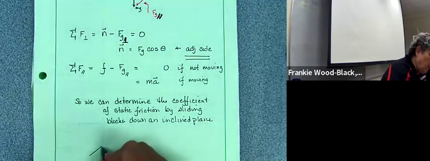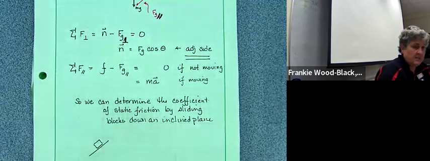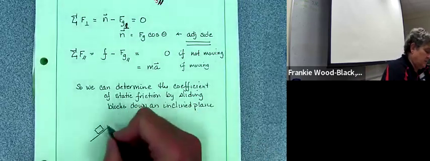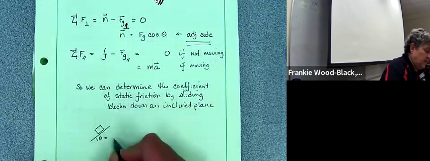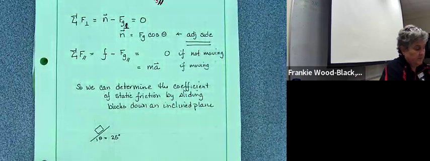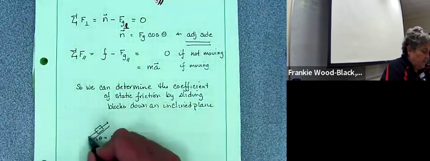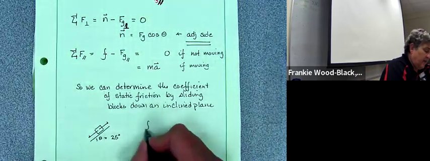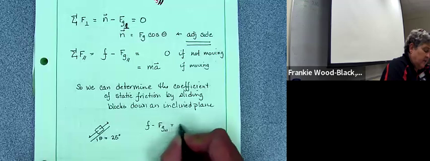Just before a block moves, the fraction of a second before it moves, we measure this angle, and we're going to measure that angle as 25 degrees. At that precise instant, F minus FG parallel has got to equal 0.